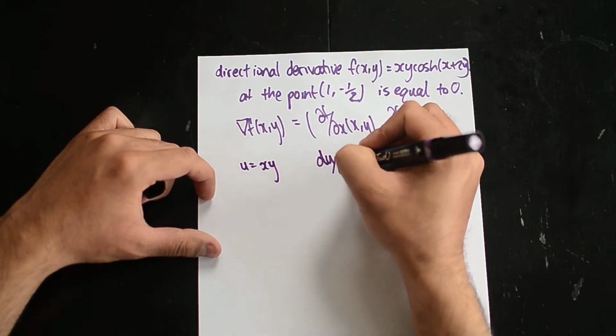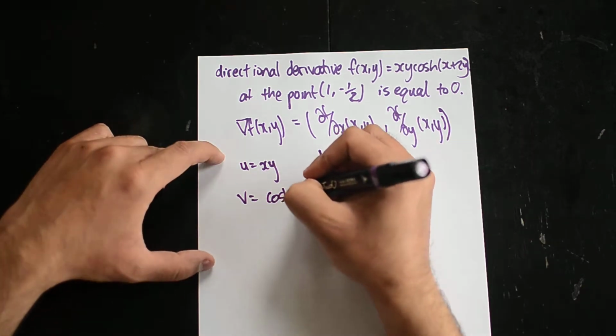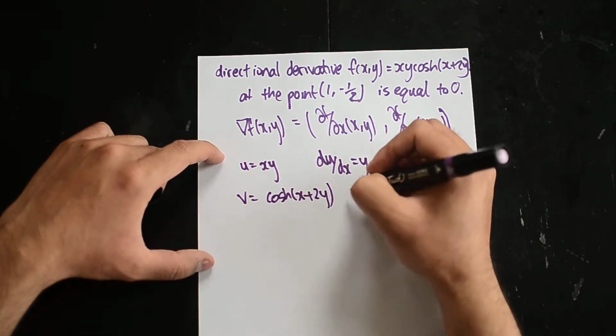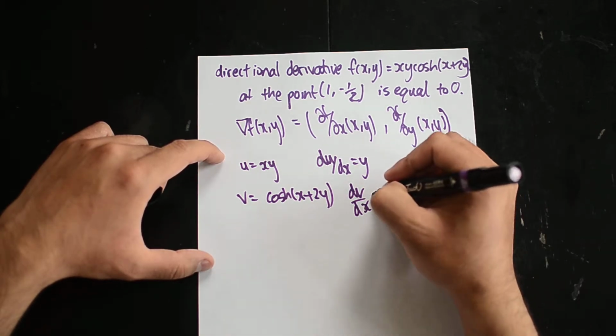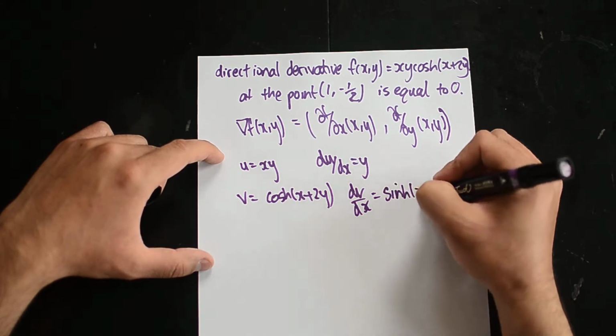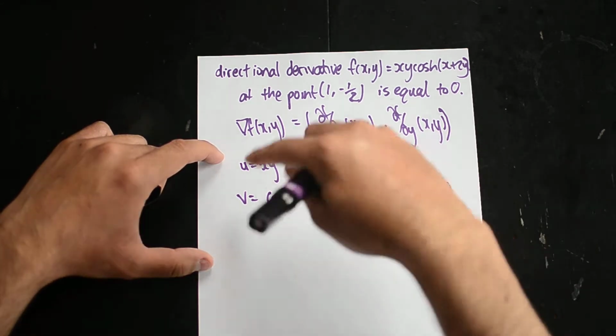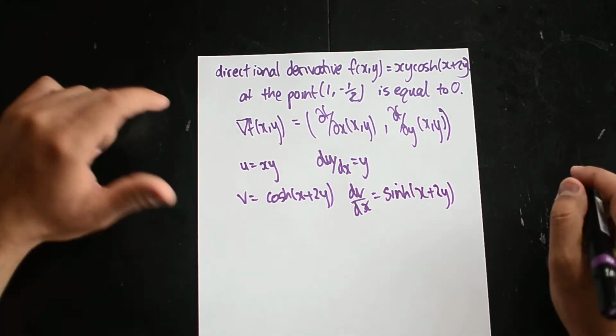So du/dx will be y, and v is cosh(x + 2y), so that means dv/dx would literally be sinh(x + 2y). If you're a little bit lost as to what I've done, like I've said, go to the product rule. You should know this by now.